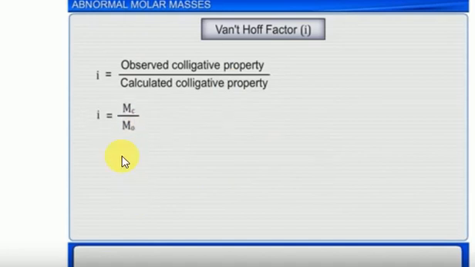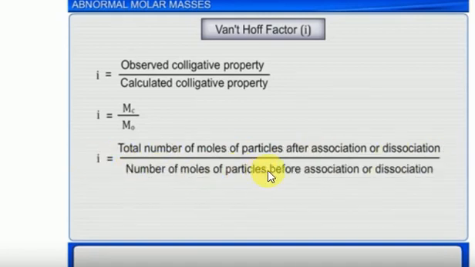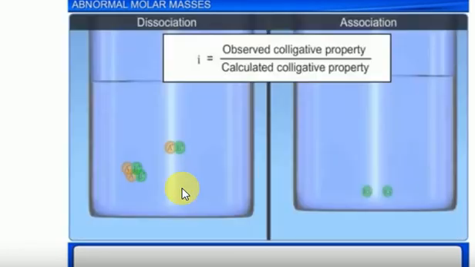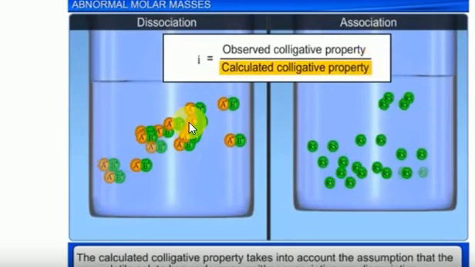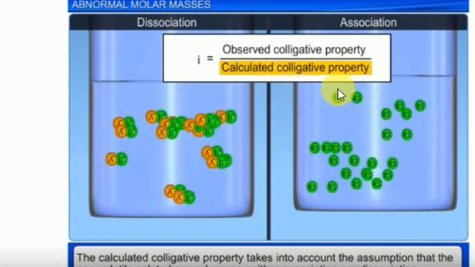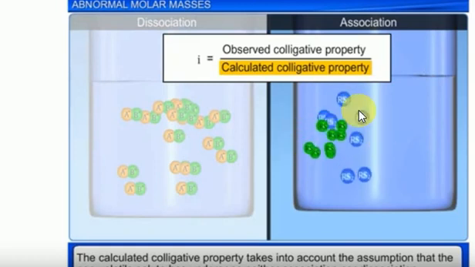Further, as the colligative property depends directly on the number of particles present in a solution, it can also be written as i equal to total number of moles of particles after association or dissociation divided by number of moles of particles before association or dissociation. Note here that the calculated colligative property takes into account the assumption that the non-volatile solute has undergone neither association nor dissociation.